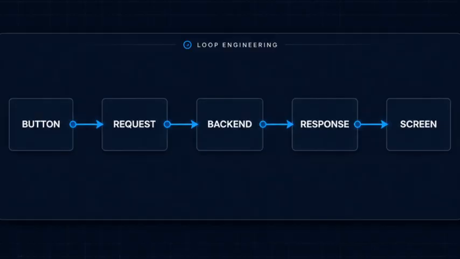So let's use a simple example. Imagine there is a document inside an app. A user presses the download button, but nothing happens, yeah? So you investigate the path.